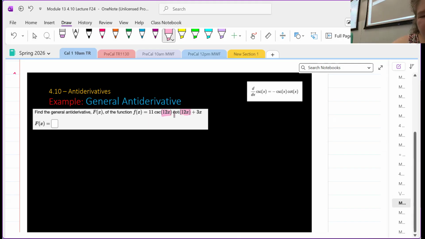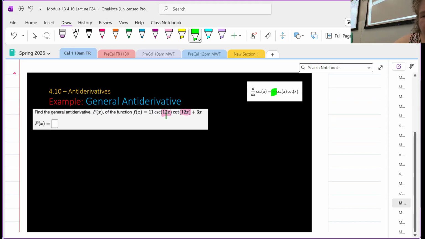So when it's a pair of trig functions that's not our tangent and cotangent, that's either secant or cosecant. Now this is all the c's, so it's got to be a cosecant. But our cosecant derivative also has a negative. So we're going to have to account for that negative when we're doing our antiderivative step.